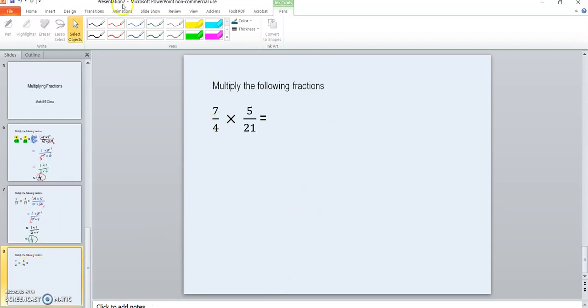Let's try one more. Okay, so in this one, 7 over 4 times 5 over 21. Put it into one fraction. 7 and 21 can both be divided by 7.